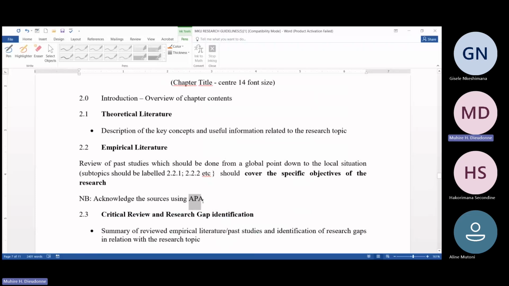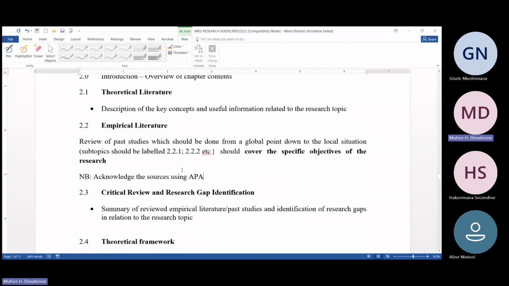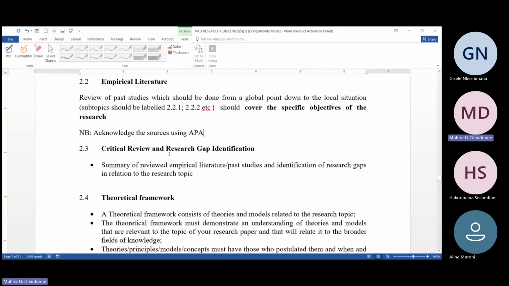which is a referencing system that we will use, as I showed you in a previous video, how to reference by using Mendeley. So APA will help you. Then we have a critical review and gap.